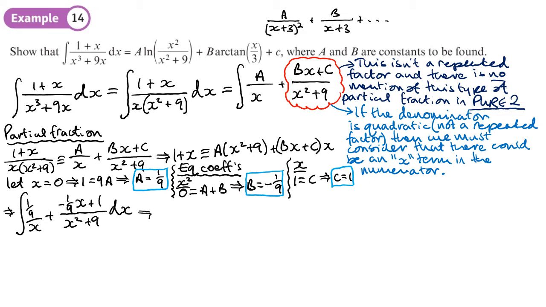Right, let's tidy up. The first term, the ninth can go at the front, so that'd be 1/9 integral of 1 over x. Now we'll split this up, so we've got negative a ninth x over this plus 1 over that. When we've got negative a ninth x over the x squared plus 9, that means we could bring the negative a ninth over to the other side of the integral sign, just leaving x over x squared plus 9.